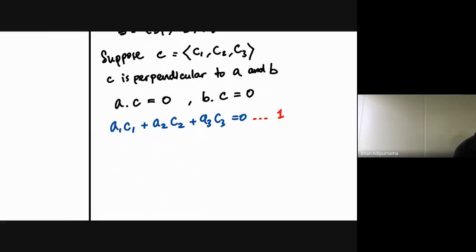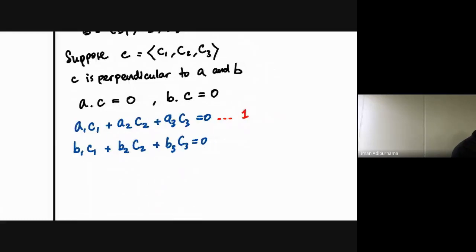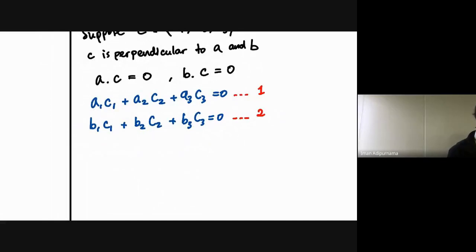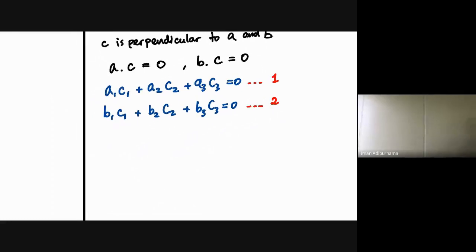And then B dot C, so B1 C1 plus B2 C2 plus B3 C3, is also 0. Let's say this is equation 2. Now we can eliminate some of these, but let's eliminate just C3.